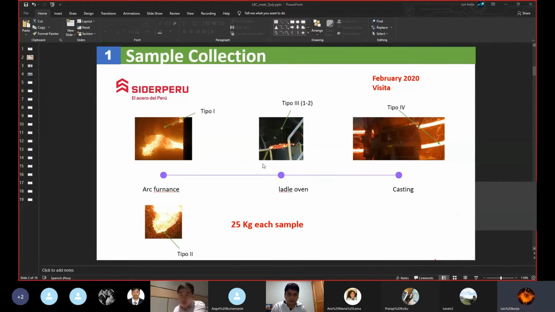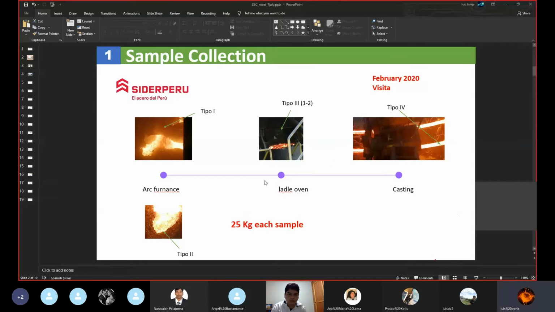And the second step is a process where, once the steel trash is melted, they give the properties to obtain the final product, in this case steel for construction.